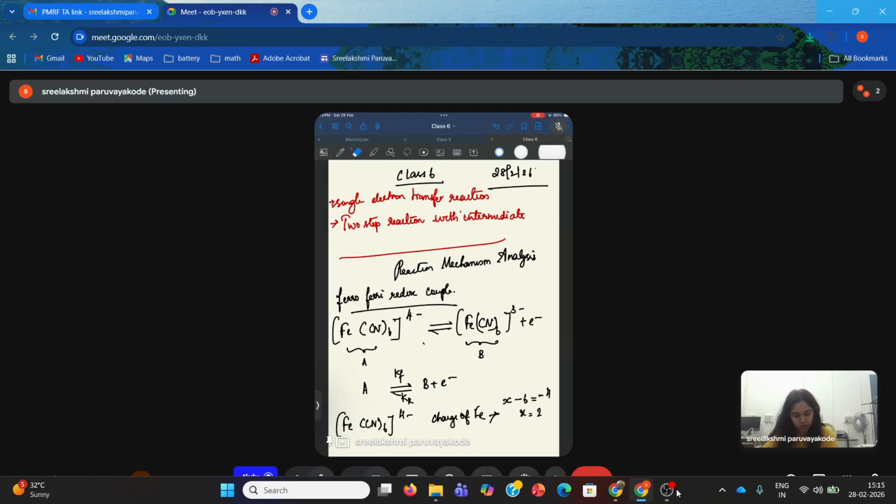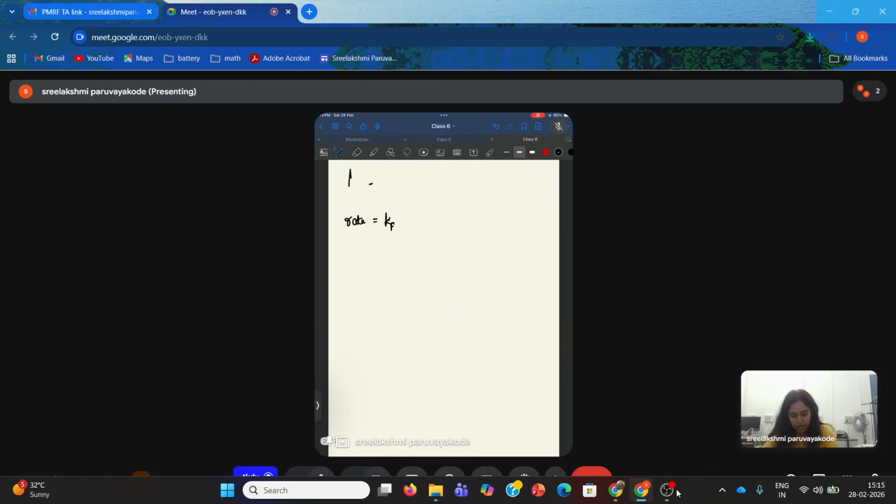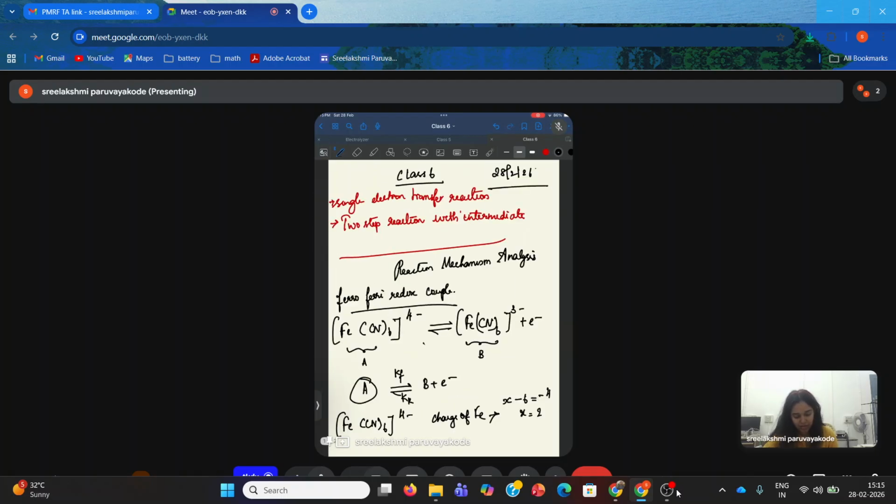So here you understand that the ion has charge 2 plus, so I can write Fe2+. Why am I writing like this? Because in the redox couple it is the ion whose charge is getting changed. So A here is Fe2+. Now the next component is Fe(CN)6 3 minus. What is the charge of Fe here? x minus 6 equals minus 3, so x equals 3.